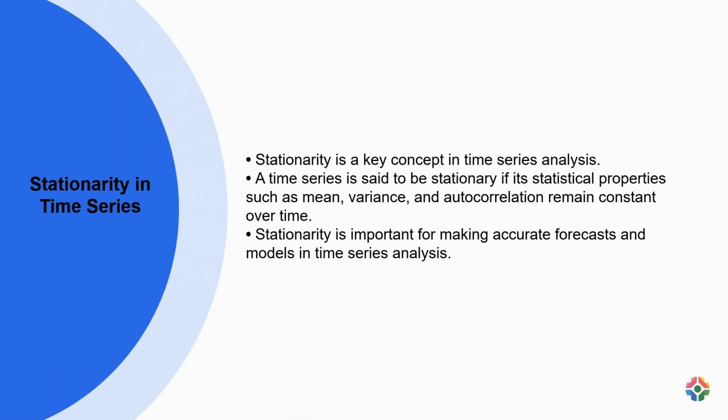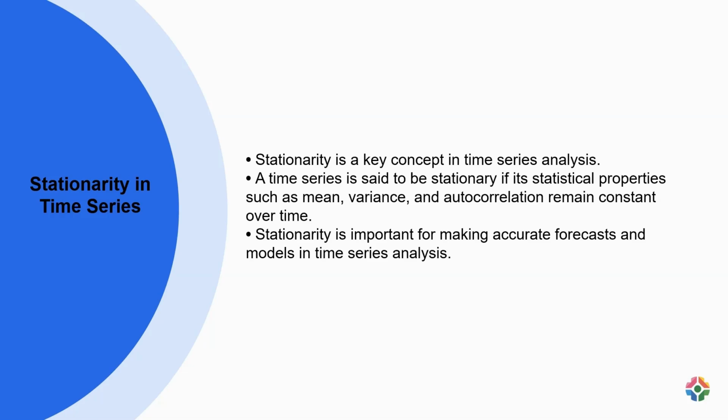Stationarity is a fundamental concept in time series analysis, where a time series is considered stationary if its statistical attributes like mean, variance, and autocorrelation show no significant changes over time. Maintaining stationarity is critical for ensuring precise forecasting and constructing reliable models in time series analysis. For instance, consider a stock price dataset.